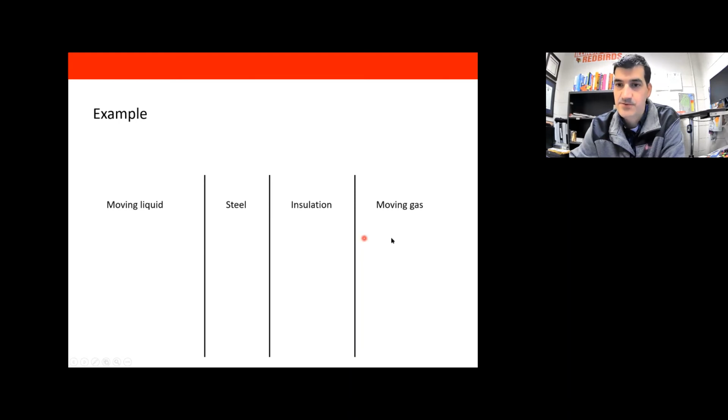And the last would be the convection from the solid insulation to the moving gas. We don't know in this example which is hotter, T1 or T2, and that would determine whether we have thermal energy flowing from left to right or from right to left.